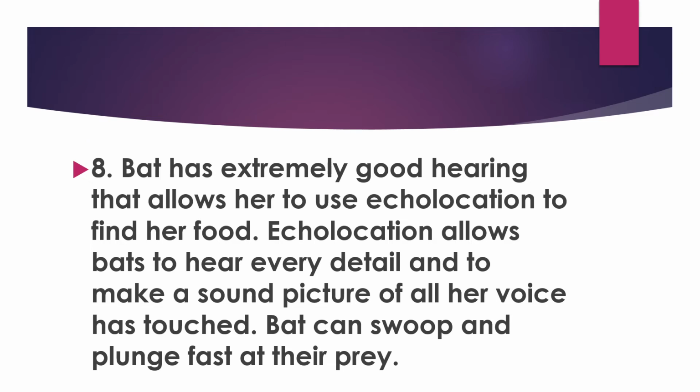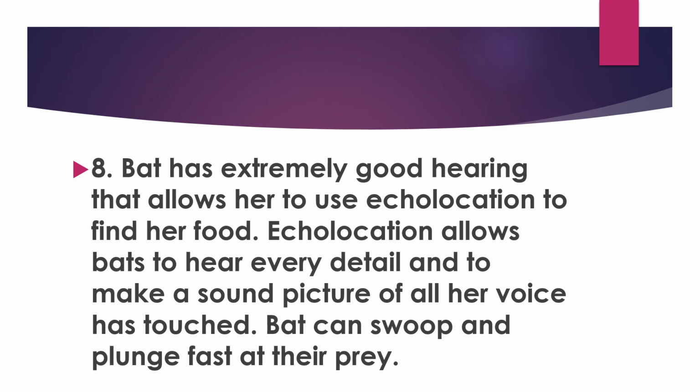Number 8, you have to talk about the traits that Bat uses to hunt, and was it successful at hunting in the dark, and you had to give details from the story. You should say that Bat has extremely good hearing, and it uses echolocation to find her food. Echolocation allows the bat to hear the details and to make a sound picture of all her voice has touched.